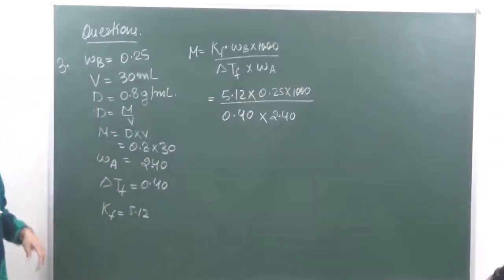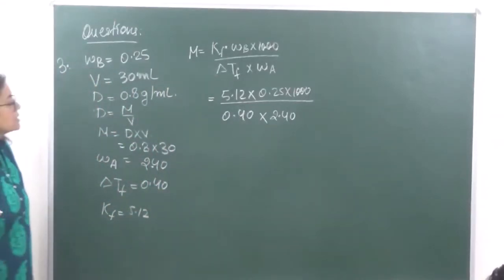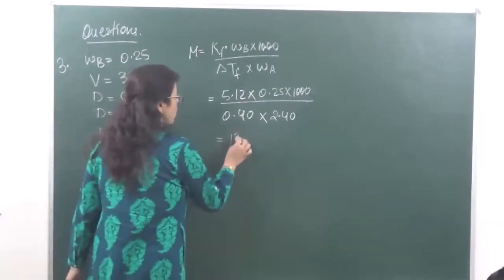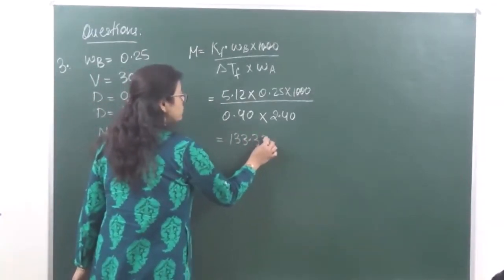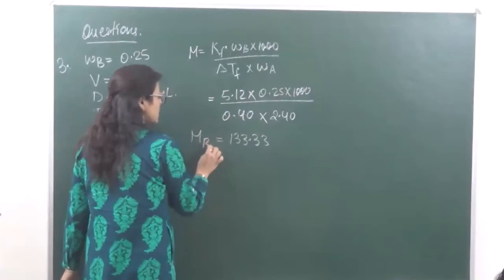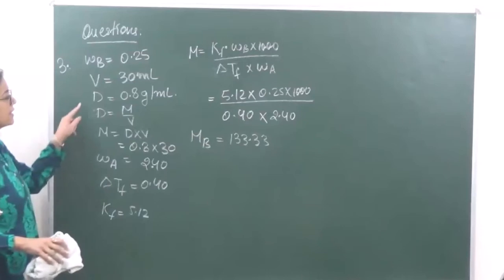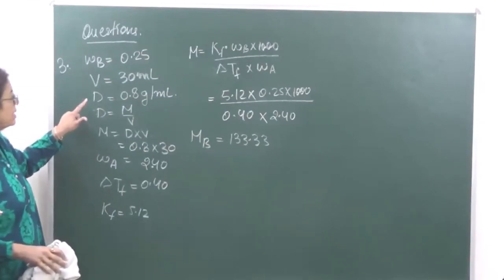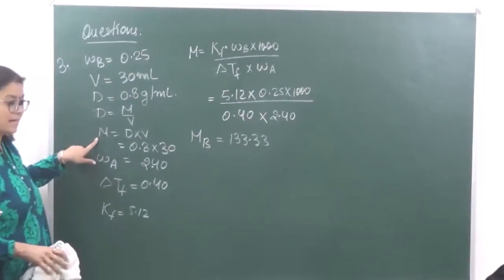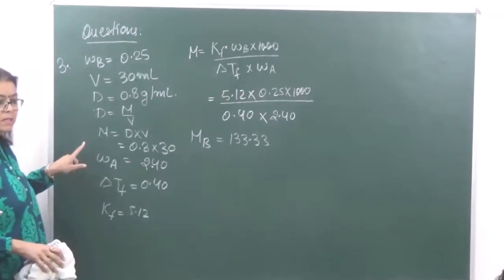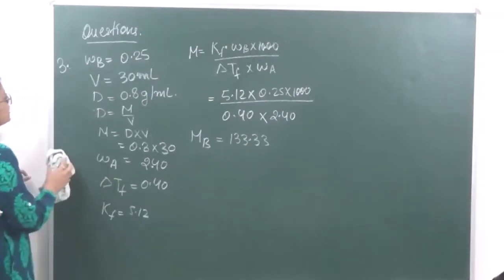So when we do the calculations of this, the answer comes to 133.33. That is the molar mass. Got it? Let's go to question number 4. So in this there is a little twist in the question in which the mass is not given directly. You have to calculate mass. Okay?